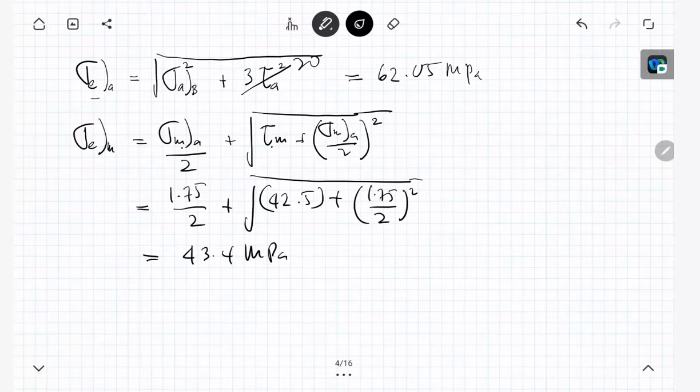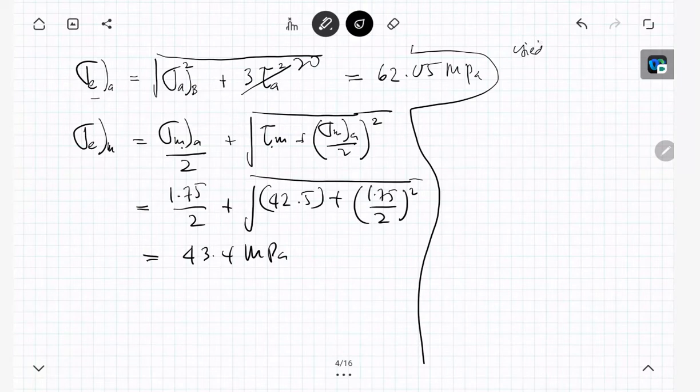Okay. So kalau kita tengok next, for the yielding, the safety factor is n equals 1 over sigma e a, yield strength plus sigma e m.